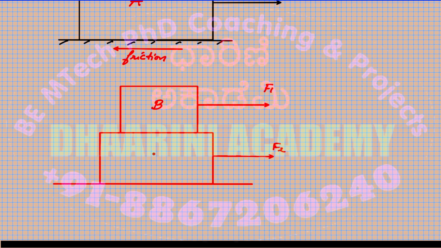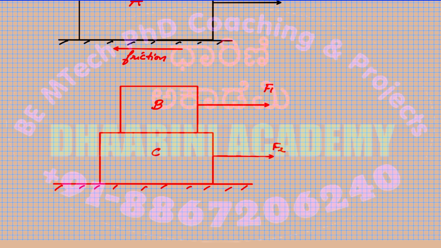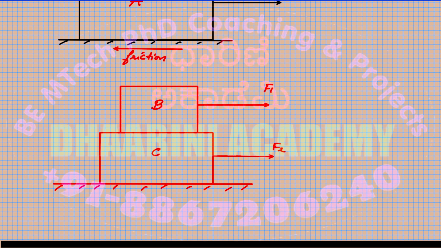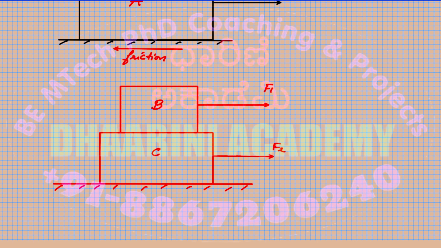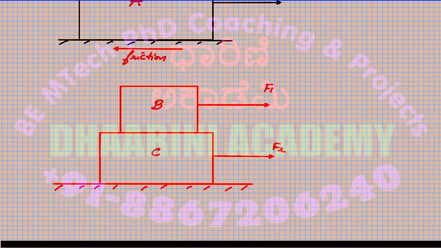Say this is body B, this is body C, lying on some surface. Now, relative motion between the two blocks means they have to move at different velocities. So friction comes into the picture between B and C only if the velocities are different. If both B and C move with the same velocity, there is no relative motion. When there is no relative motion, there is no friction.